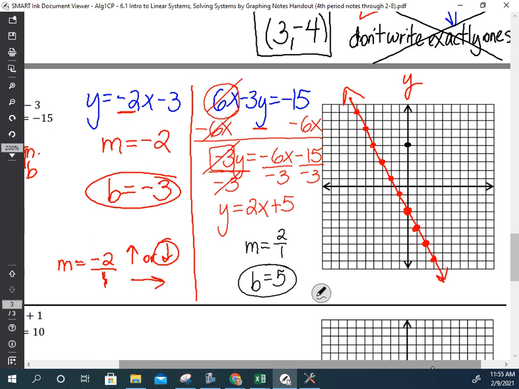Since your slope is positive 2 over 1, how am I going to move? There you go. Up 2 to the right 1. Since I'm out of space, now I go in the opposite direction. Down 2 to the left 1.